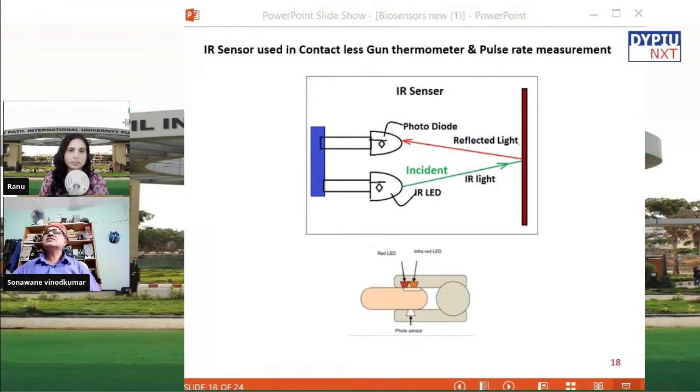We know that nowadays infrared thermal scanners and temperature sensors are coming. Here we can make use of this infrared sensor. Below, the block diagram is given, like how the photo sensor is shown in the picture. This is the typical diagram. Okay, next.